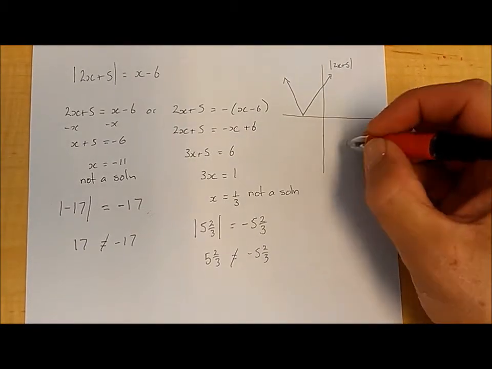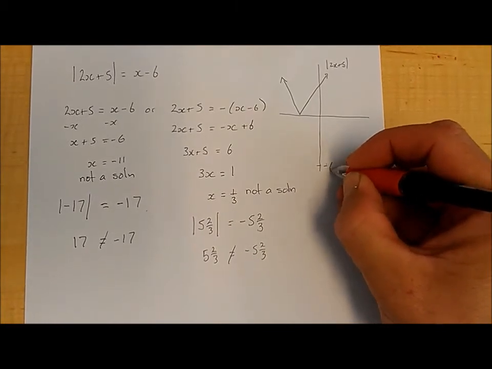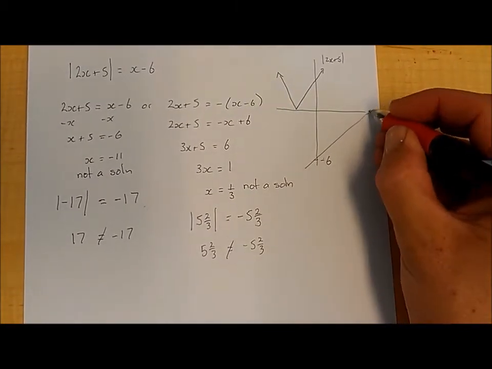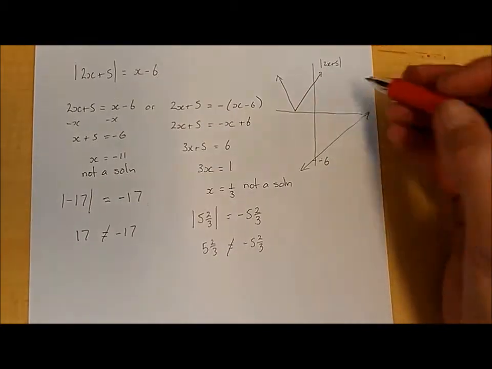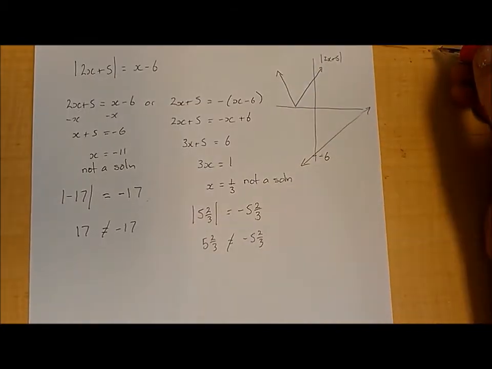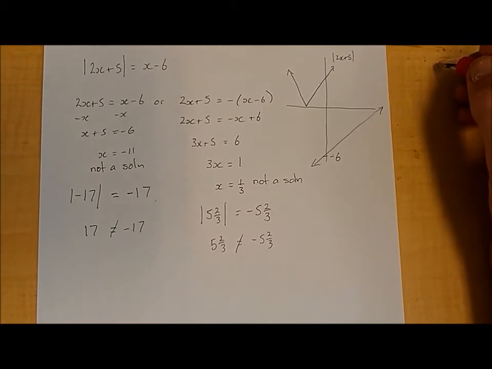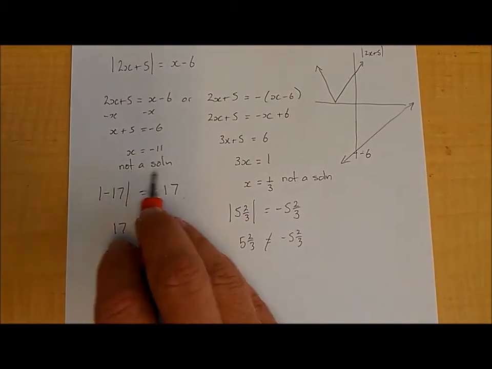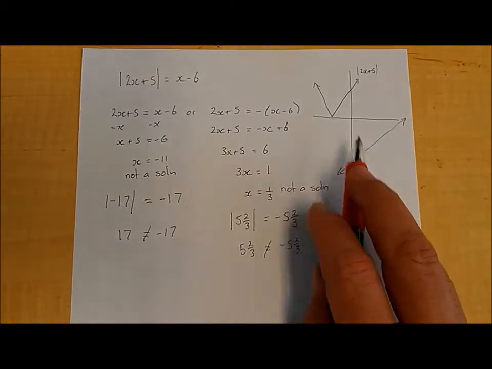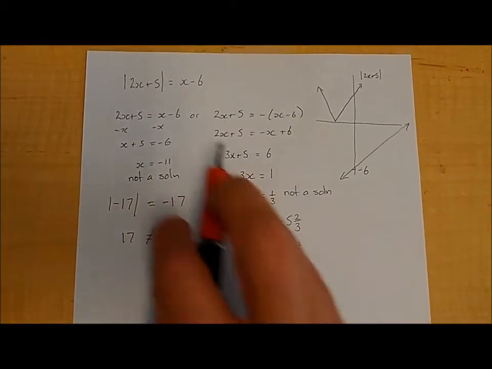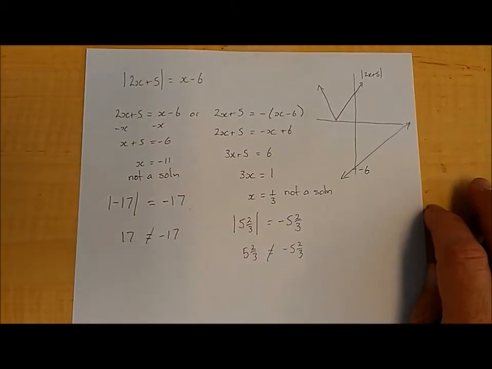And the graph of x minus 6, you should know that one by now, goes like this. And you can see that these two graphs are just not going to meet. This one's going to keep shooting up this way, this one's going to shoot up that way. They're never going to meet. And that's what not getting a solution to the equation has told me, that these two graphs will never ever meet.